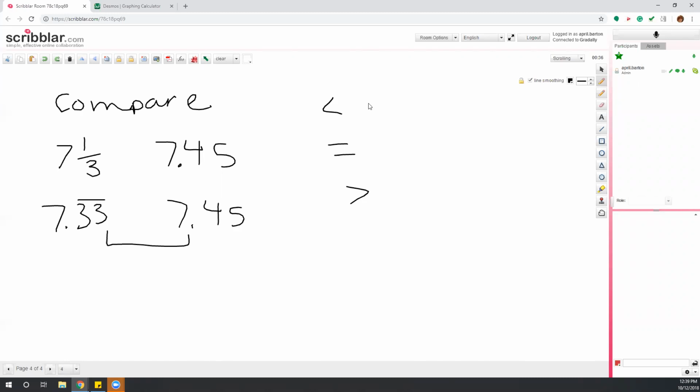Which means less than. Good. So always just change those to decimals because it's a lot easier to compare decimals. Even if you have to do a couple numbers in a list, putting them in decimal format is really the best option.